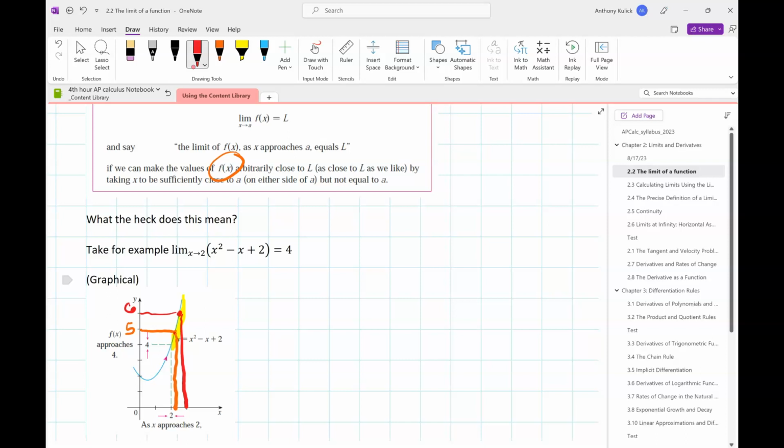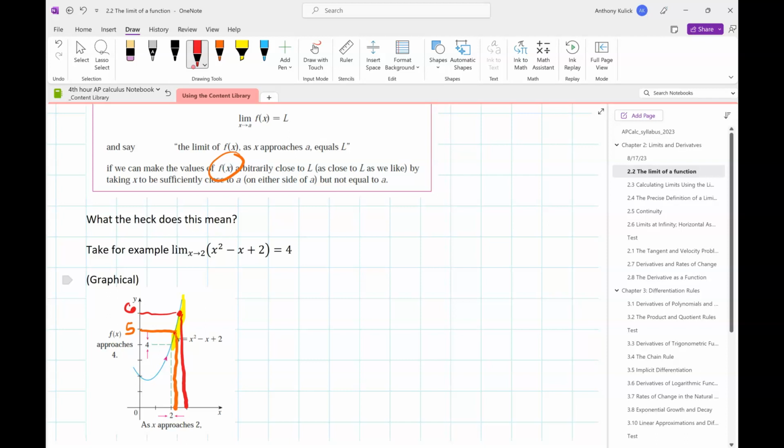Okay. Now we'll look in section 2.4 at another definition of a limit that's even more precise than this one. This would be the kind of definition that you could use to prove that a limit exists, or to prove that your limit is correct.